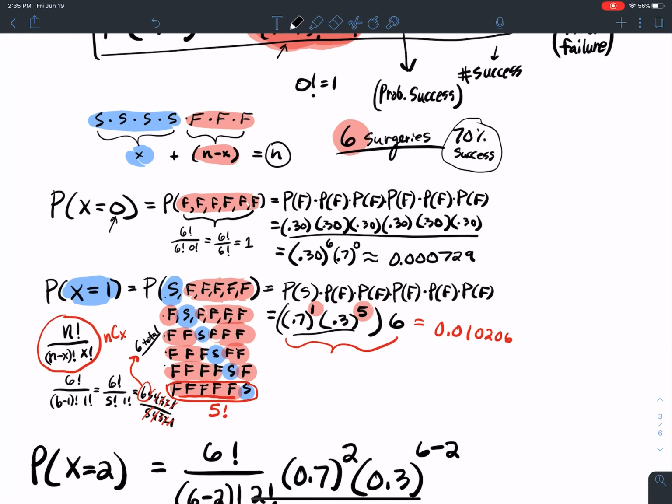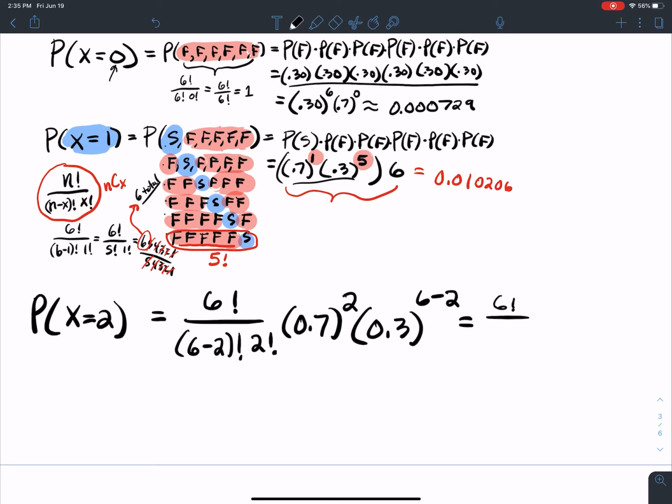So that's how I plug it into my formula. And so what does this equal? Well, this will simplify to 6 factorial over 4 factorial, 2 factorial. Well, that's 6, 5, 4, 3, 2, 1 over 4, 3, 2, 1 times 2, 1. Right? That's a 2 factorial there.